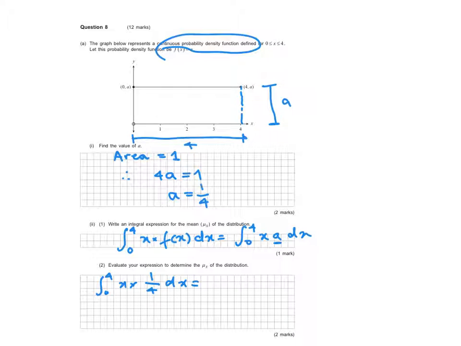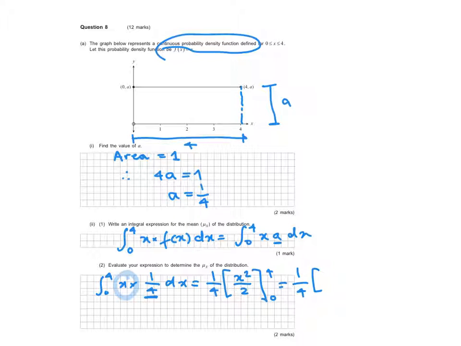We can take the constant coefficient in front of the integral, so it's 1/4, and then find the antiderivative of x, which is x to the power of 2 divided by 2, between 0 and 4. The next step is to replace x with 4 and 0.